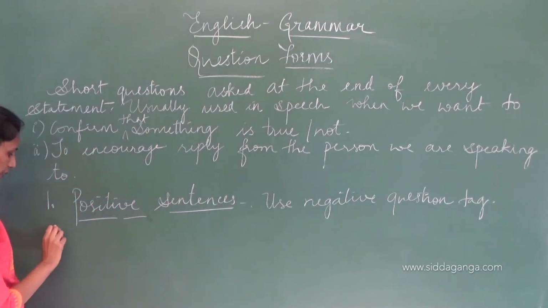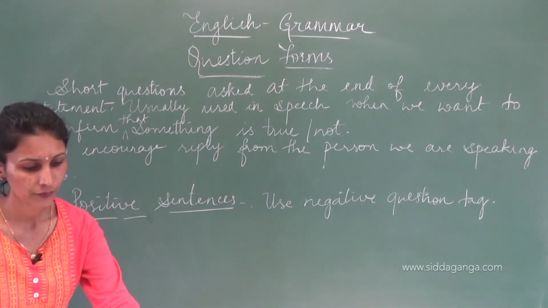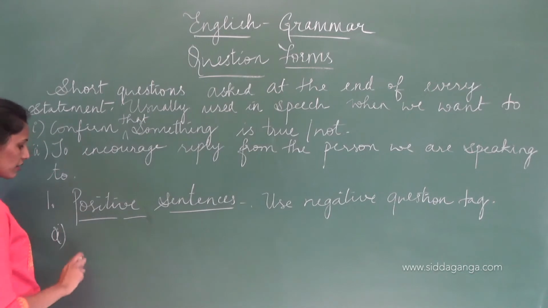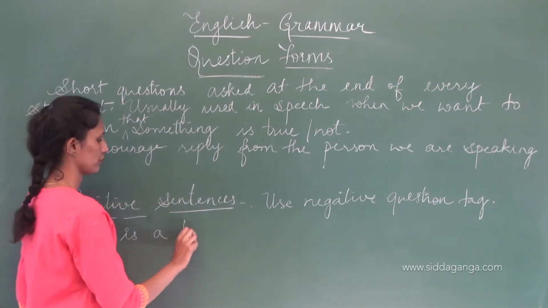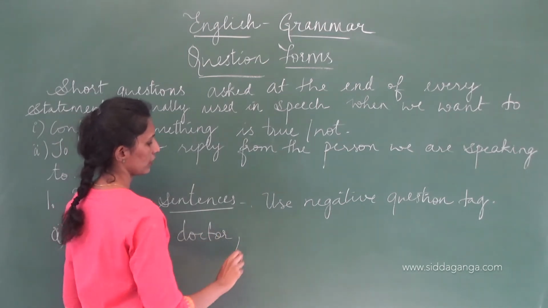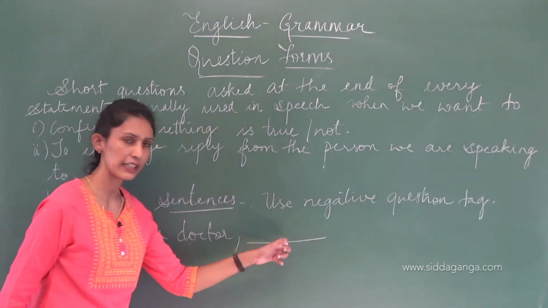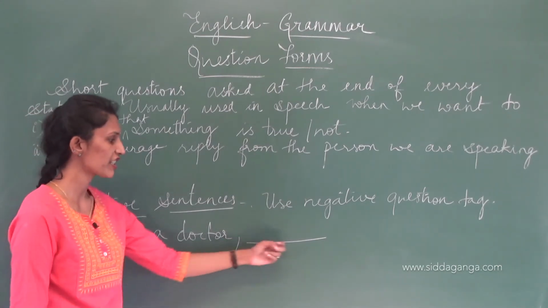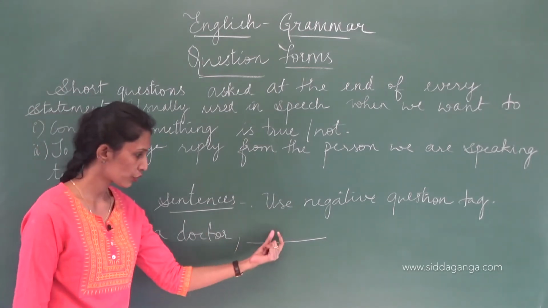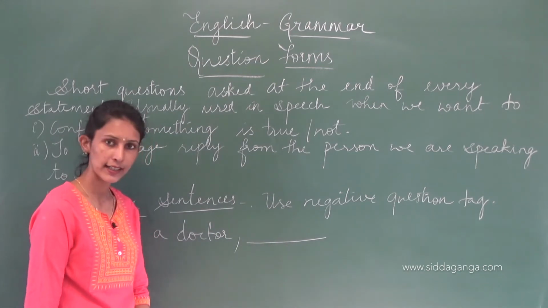All right? Let's see an example. The first example is over here. I'll write it as A. She is a doctor. Now what you have to fill here is a question tag.